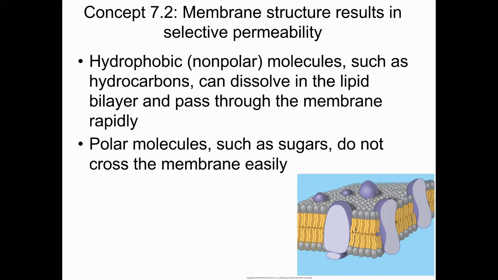So what type of molecules would actually go through a protein channel? Very good. Larger, polar, or charged, such as ions: sodium ions, potassium ions, chloride ions, and so forth.